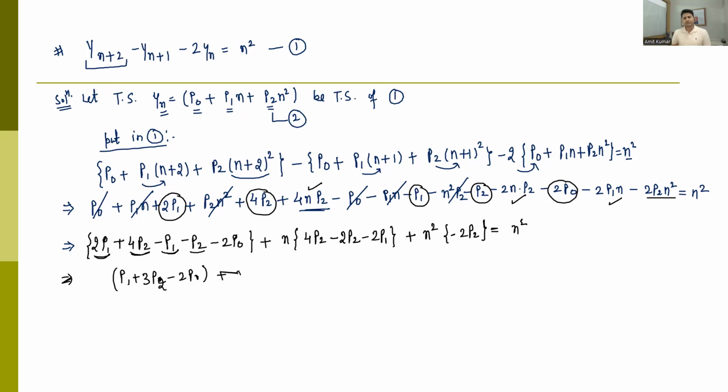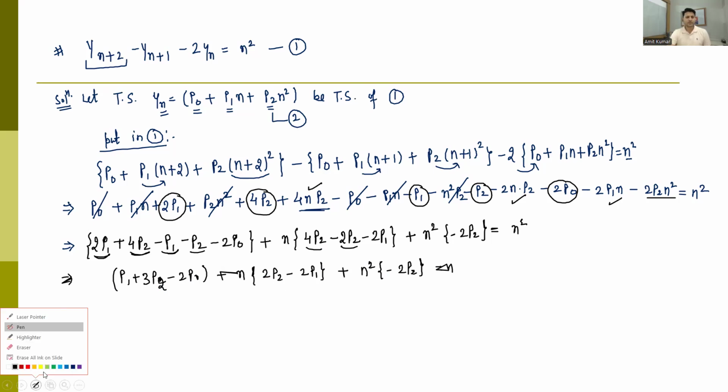And with n, what is left? 4P2 minus 2P2, so 2P2 only, and minus 2P1. And the last term is n square into minus twice of P2, and it is equal to what? N square. So this is the final simplification we get for this problem.